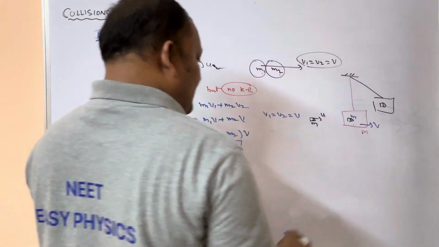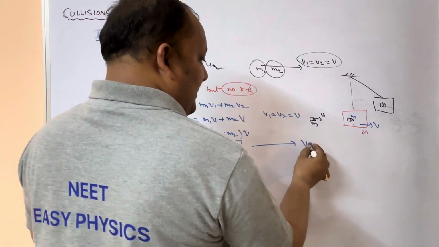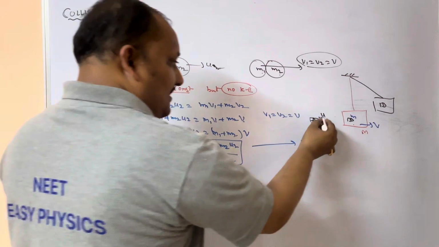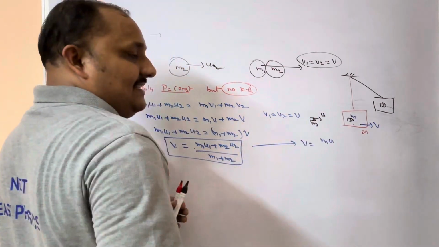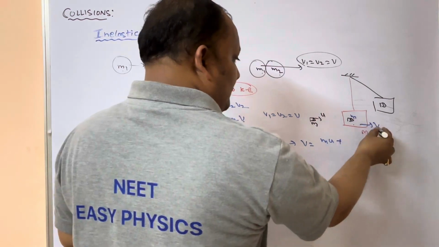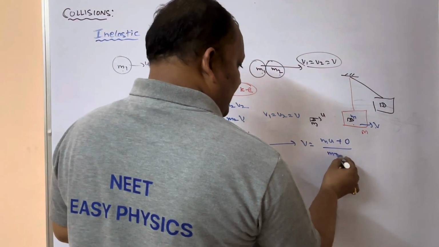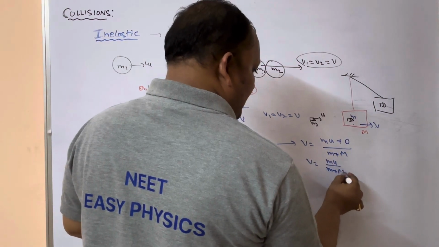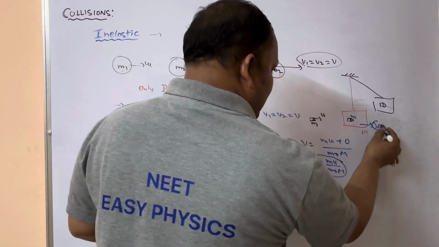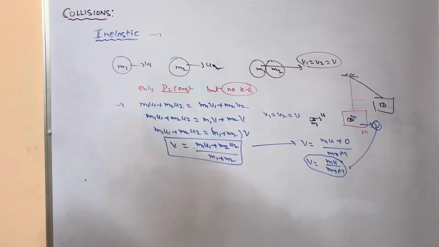We apply this formula: common velocity v equals mass of the bullet times velocity of the bullet, plus 0 since the block is at rest, so u2 is 0, divided by m plus m. This is m u by (m plus m).